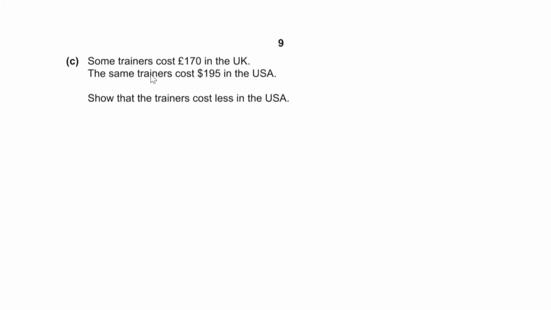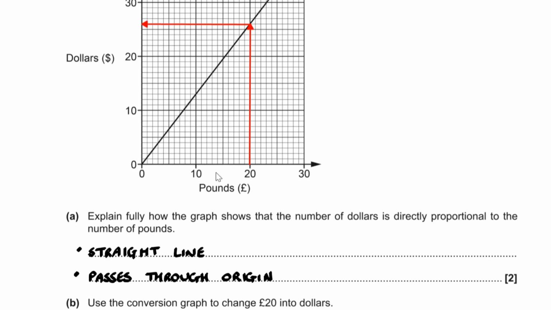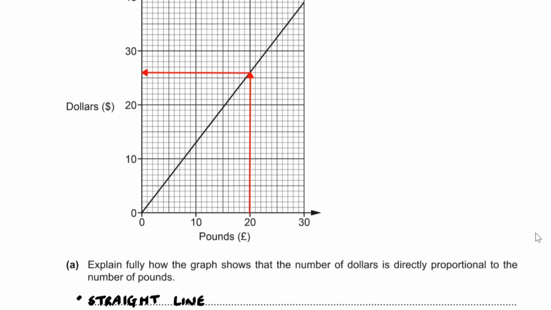Part C. Some trainers cost £170 in the UK. The same trainers cost $195 in the USA. We have to show that trainers cost less in the USA. Well, one way we can approach this is to convert everything to dollars. Now, we can't find £170, but what we can find instead is £17.